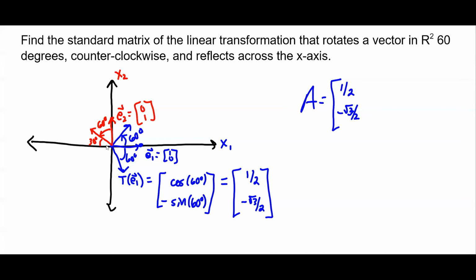The angle between the vector and the x-axis. And then we're going to reflect that across the x-axis, so we'll get this vector. And again, that angle with the x-axis will be 30 degrees. So this is T of E2. And again, we're on the unit circle, so this is going to be cosine and sine of 30 degrees.